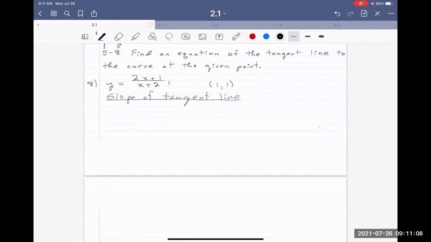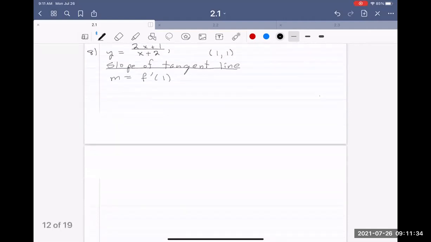Well, the slope of the tangent line at x equals a, at x equals 1, is just f prime at 1. So how do I find a tangent line? Well, we did this: the limit of a whole bunch of secant lines.